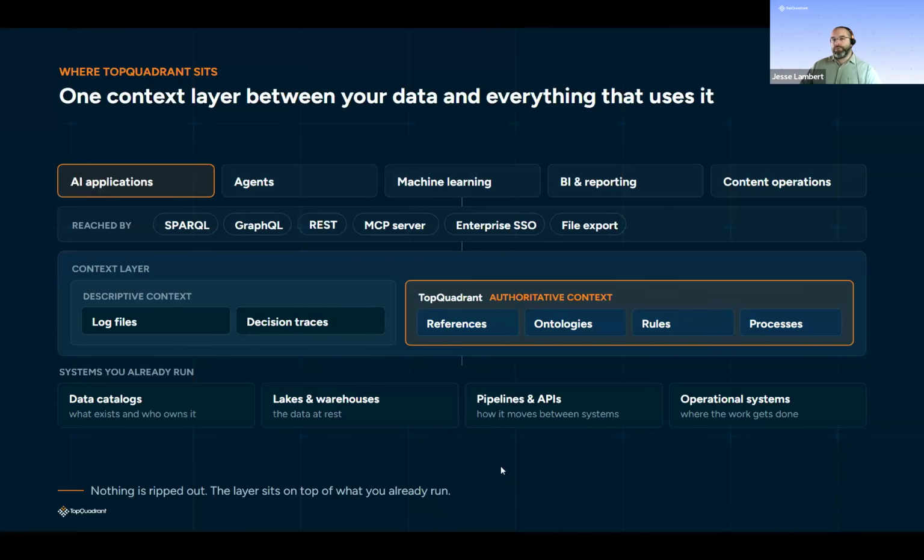Showing the same architecture that was reflected earlier by Ingrid. Top Quadrant, what we call TQ Data Foundation, sits as an authoritative context layer. And we connect across the enterprise, but ultimately we're that layer that sits between the data and everything that uses it so that we can be that authoritative context.